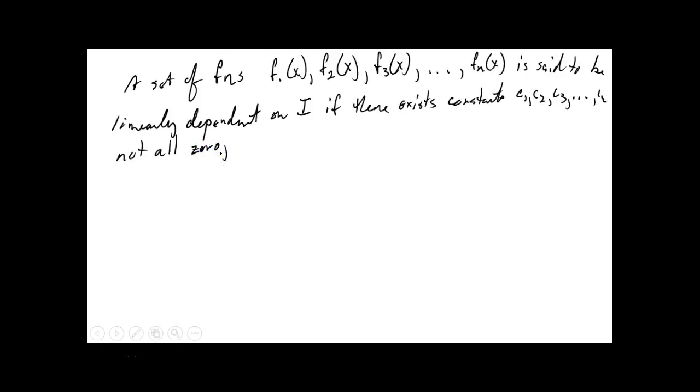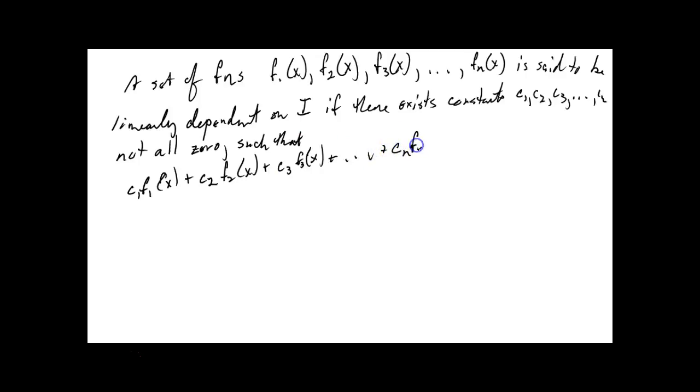Okay, such that C1 F1 of x plus C2 F2 of x plus C3 F3 of x plus dot dot dot plus Cn Fn of x is equal to 0.